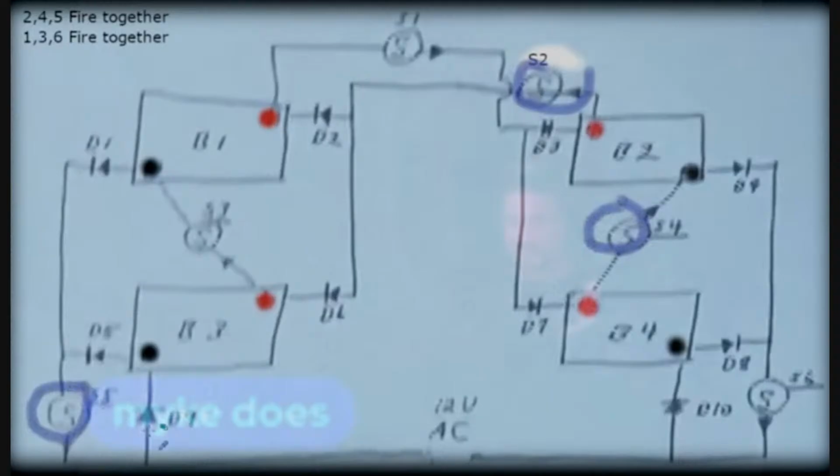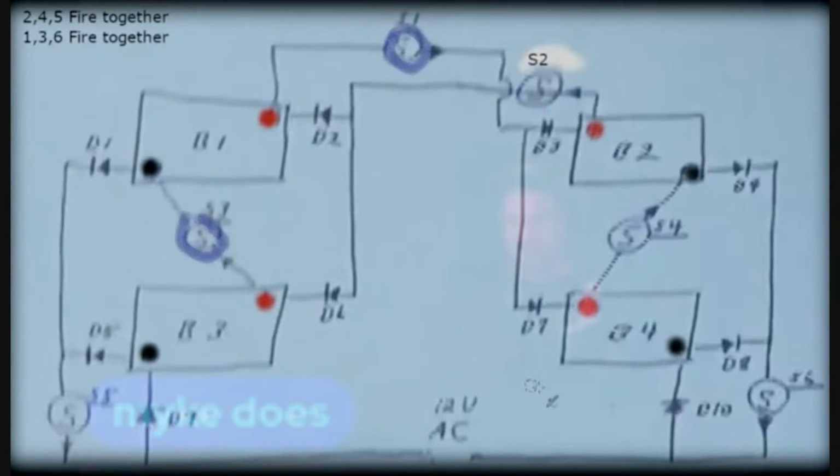So a way to look at this is, switch 1, 3, and 6 on one, like so. Switch, and then 2, 4, and 5. That's the sequence of switching here. We're going to go with sequence 1, 3, and 6 to start. And we are going to close these switches and trace it with these switches closed.